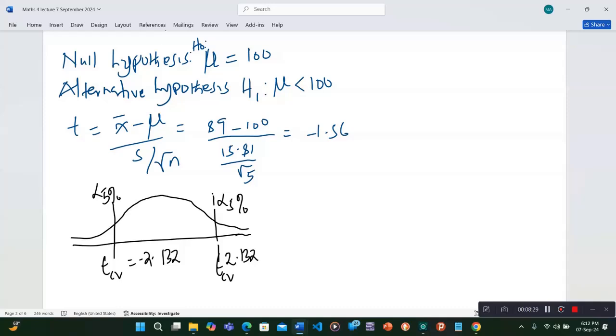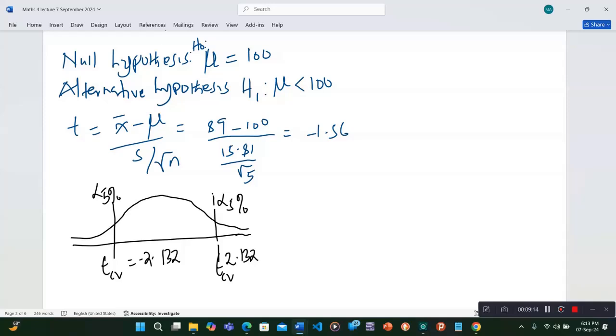So we said if it is at a 5% level of significance, for a one-tailed test, this side is going to be 5%, and this other side is also going to be 5%. If the value that corresponded to 5% on our table was positive, then that value is on this other side. What we are interested in is the one which is negative, because we have mu less than. The less than means we are talking about the left tail test. And of course, you can also see that our t value is negative 1.56.